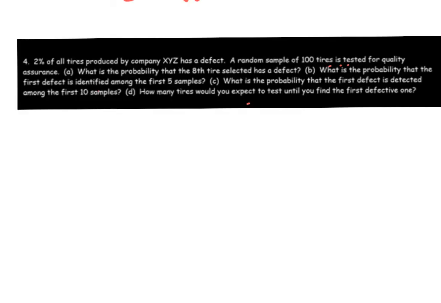Number 4. 2% of all tires produced by company XYZ have a defect. A random sample of 100 tires is tested for quality assurance. What is the probability that the 8th tire selected has a defect? Let me solve A first. P equals 0.02, so Q equals 0.98.